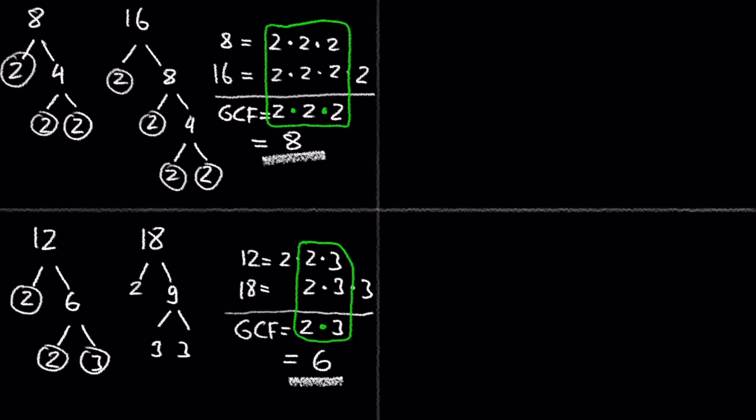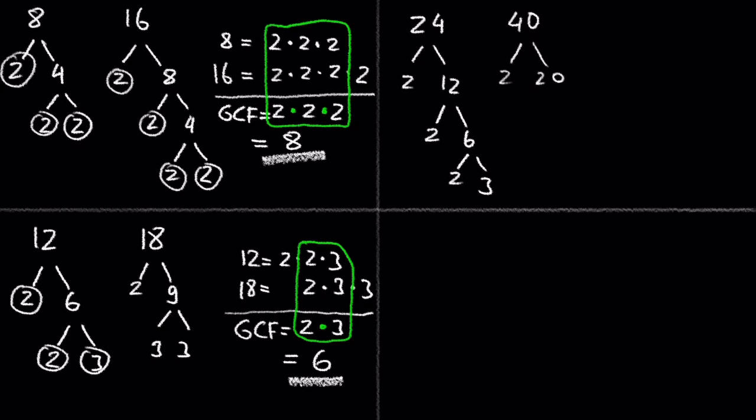Feel free to pause the video and find the GCF between 24 and 40 using prime factorization. 24 is the product of 2 and 12. 12 is the product of 2 and 6. And 6 is the product of 2 and 3. 40 is the product of 2 and 20.